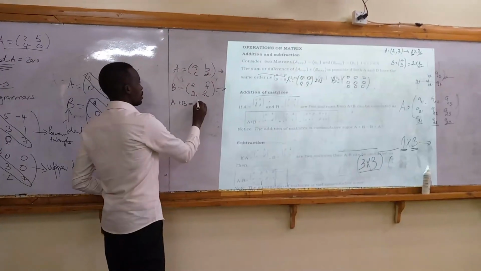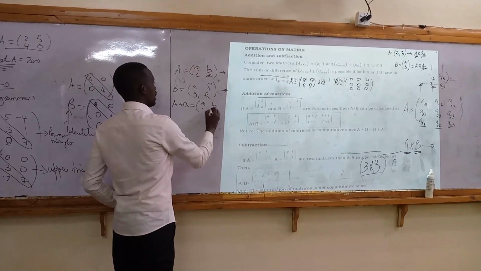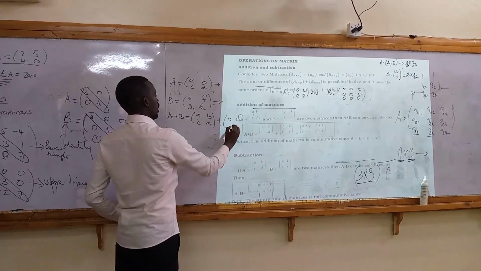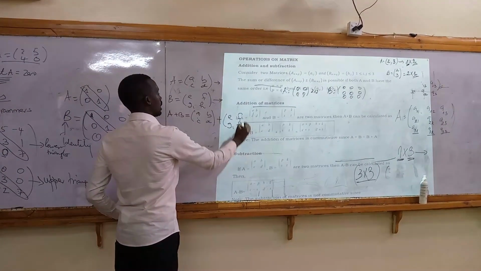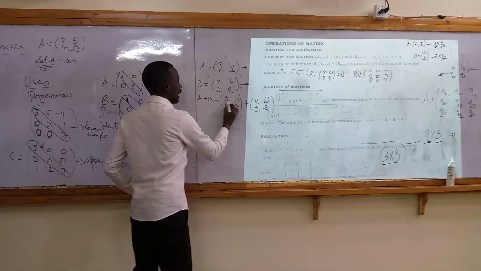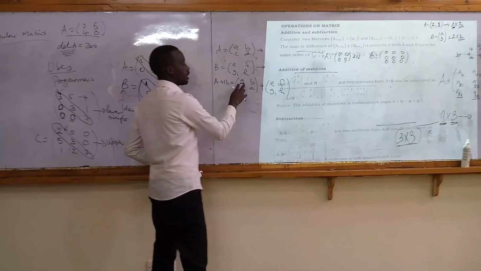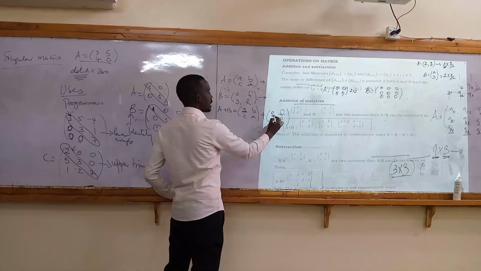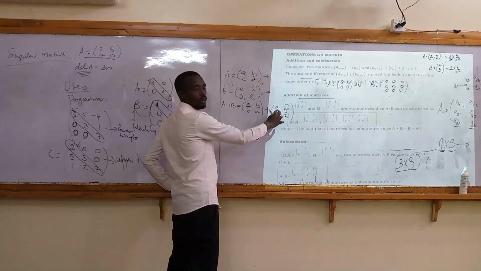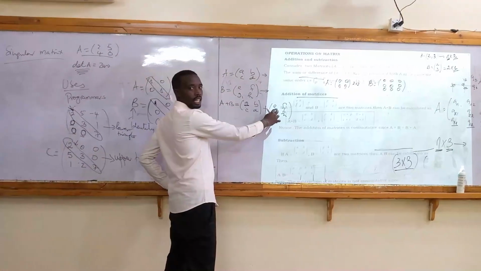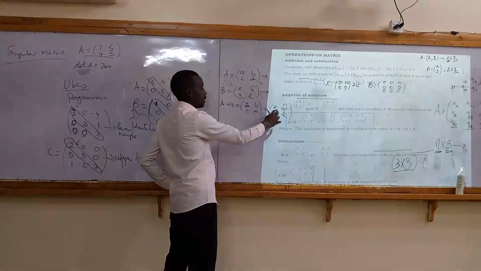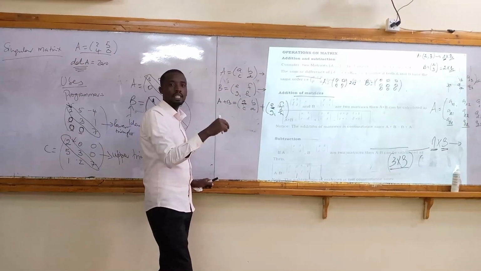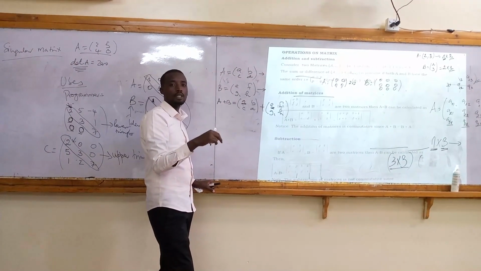When we take A plus B, we have a, b, c, d plus e, f, g, h. So this a is an element on the first row, first column. This e is an element on the first row, first column of the second matrix. We add the elements which are located in the same position.